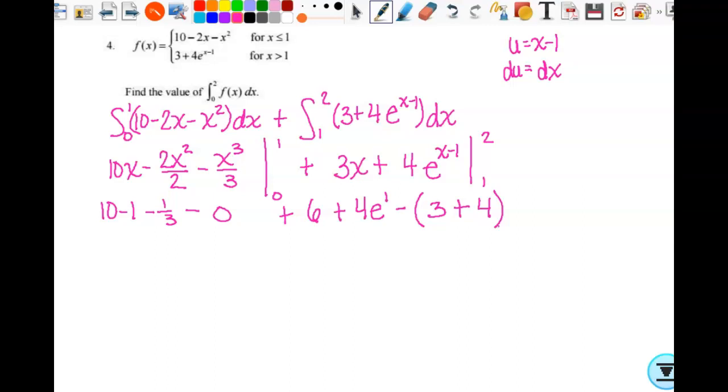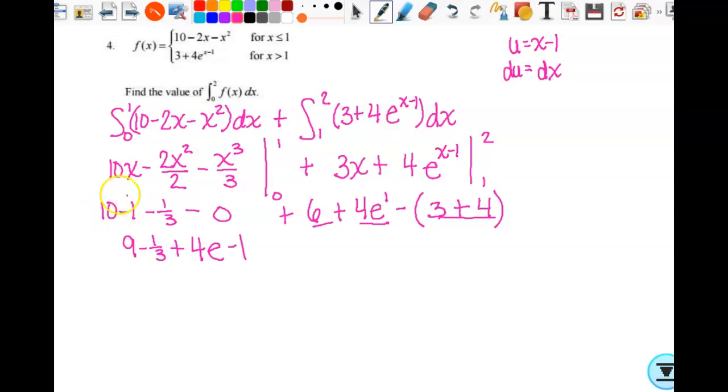All right, so 10 minus 1 is 9, so I have 9 minus 1/3. Then plus, so this is 6 minus 7, right? And then that's 4e to the first, so 4e minus 1. You'll see what I did there?